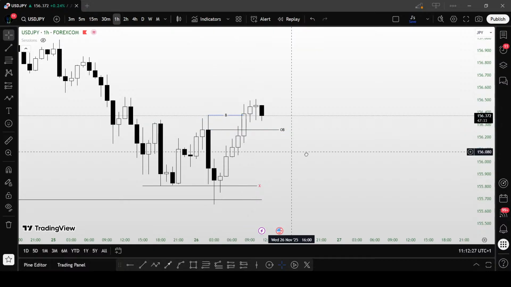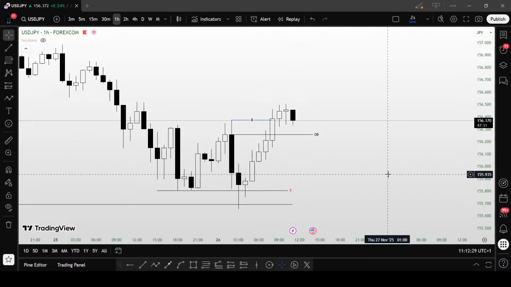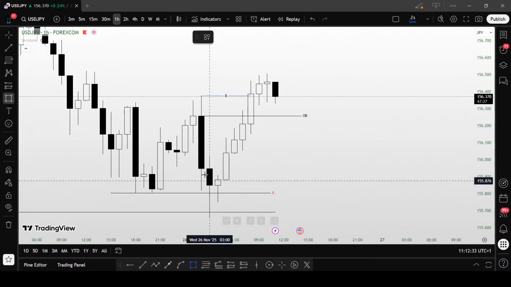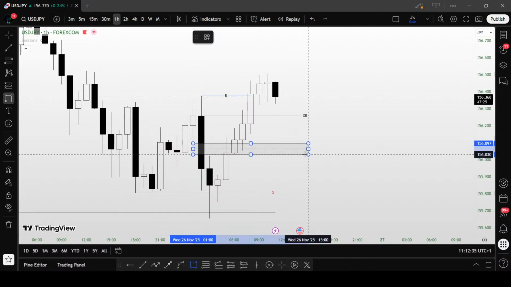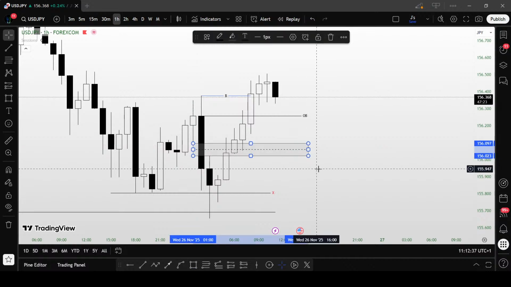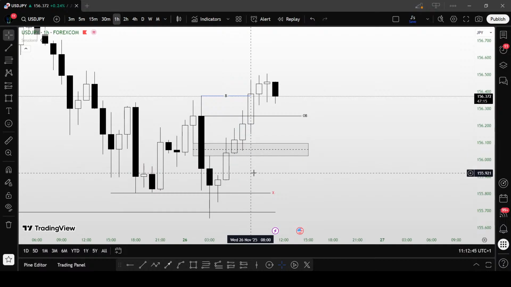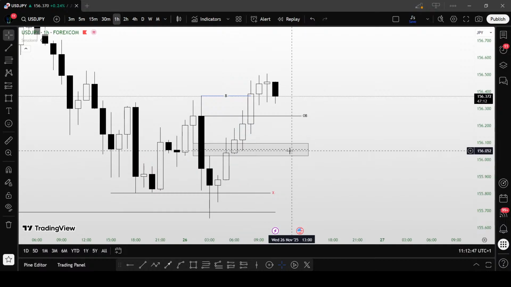This is my order block, and do we have any other POIs inside it? Yes, we do. We have an inverse fair value gap just here. There's another one around here, but I do not know if we're going to use this one or this one. So we have a fair value gap and an inverse fair value gap. I would prefer to use the POI that's above, just in case we miss it out.